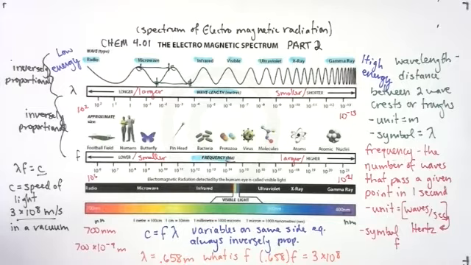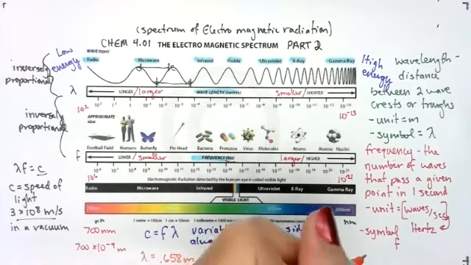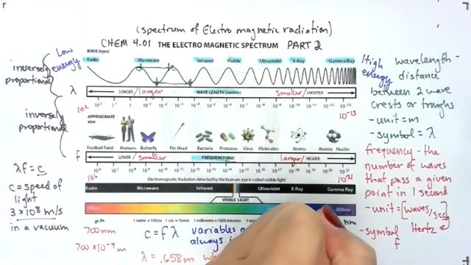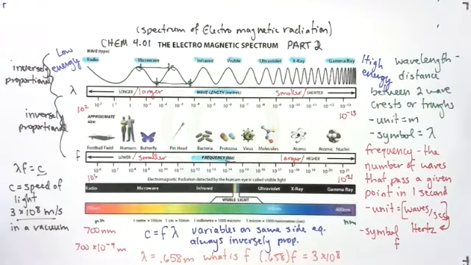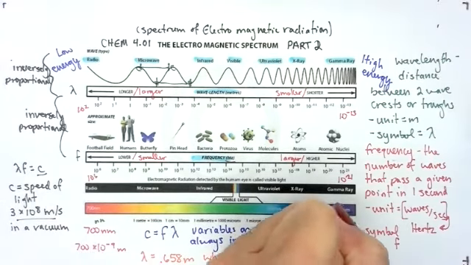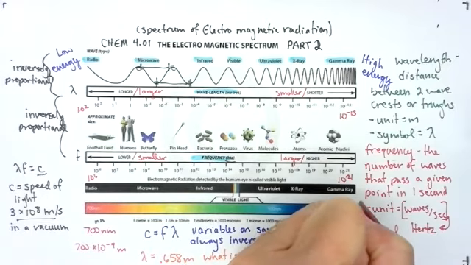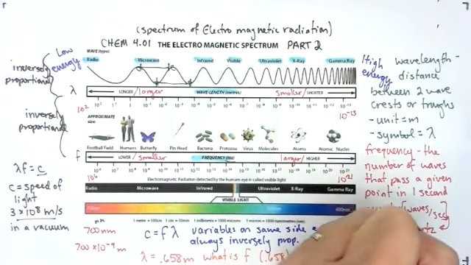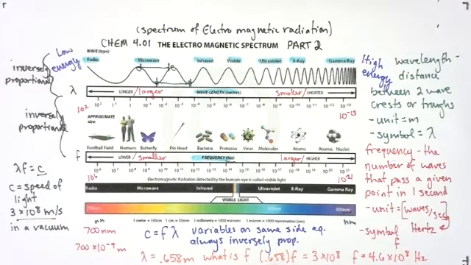And when I solve for F, let me pause it here. I'm going to get that my frequency is 4.6 times 10 to the 8th hertz, Hz. If I wrote this in scientific notation, this would be 6.5 times 10 to the minus 1. So if this is a small number, that needs to be a larger number. Makes sense.